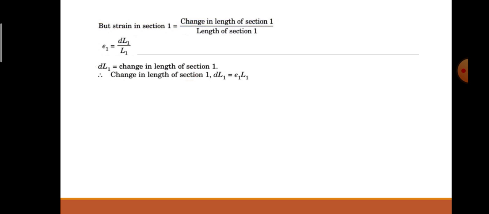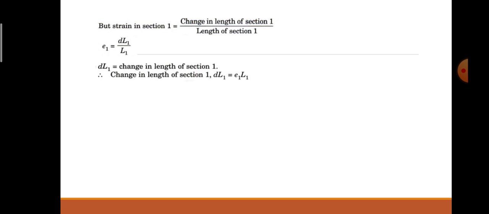So e1 is equal to dl1 by L1, where dl1 is the change in length of section 1 and L1 is the original length of section 1.